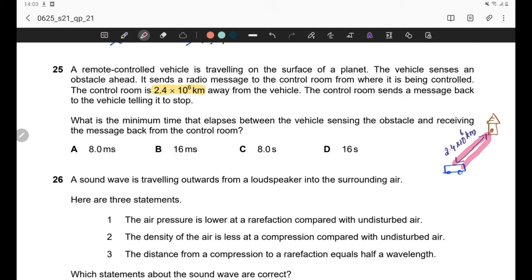So here we have to calculate the time taken by the signal to travel from the vehicle to the control station and back from the control station to the vehicle. So the total distance traveled is 2 times 2.4 times 10 to the power 6 kilometers, because the signal has to reach from the vehicle to the control station and it should come back. So the total distance will be double the distance between the vehicle and the control station.